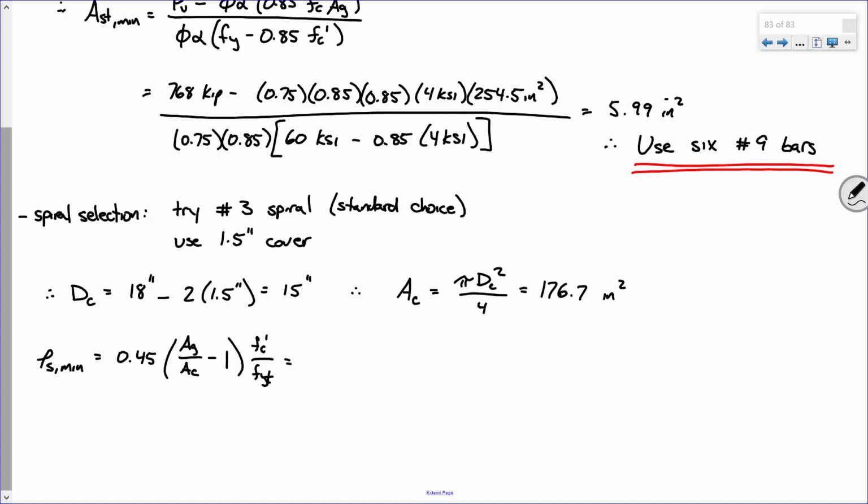Okay, so that is the absolute minimum amount of steel that we are allowed to provide. So plug and chug.